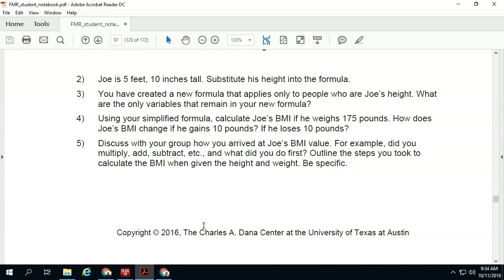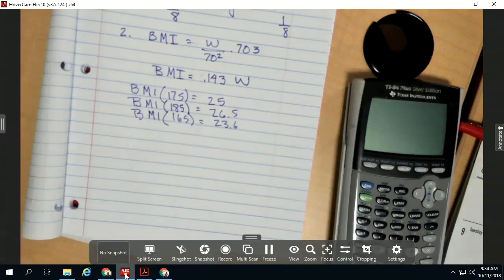It's linear. Does it have an intercept? Yeah, the intercept is 0. If you have a weight of 0, you will have a BMI of 0. Okay, it's just nobody can weigh that little. Did you add, subtract, multiply, or divide? Multiply, right?